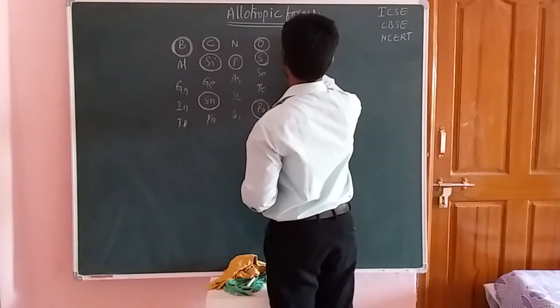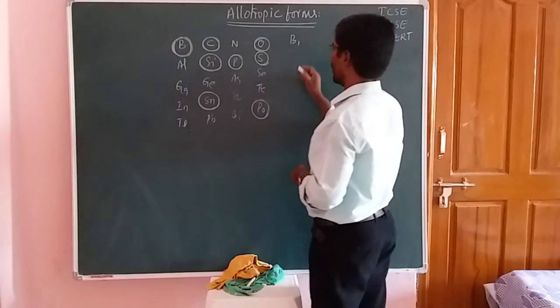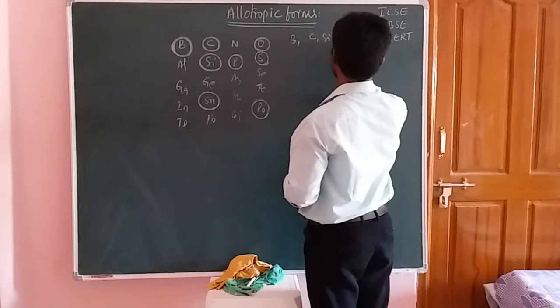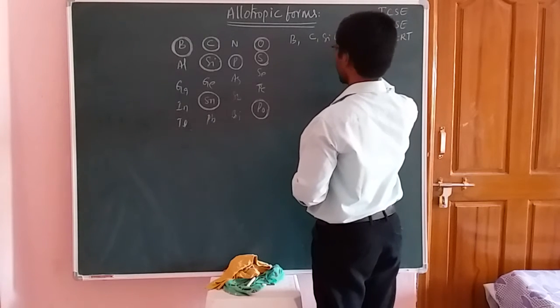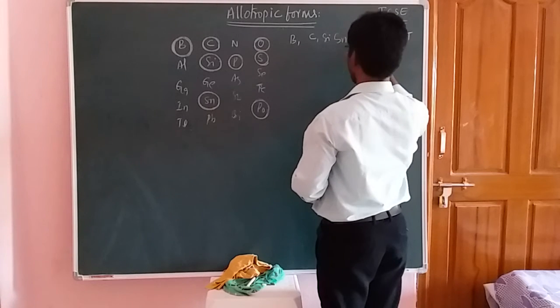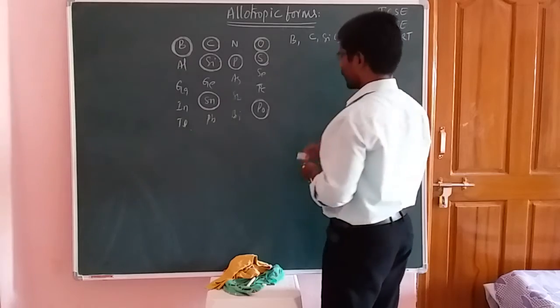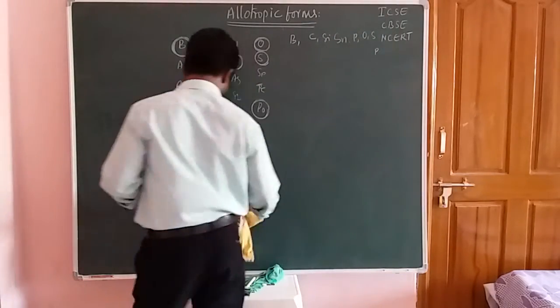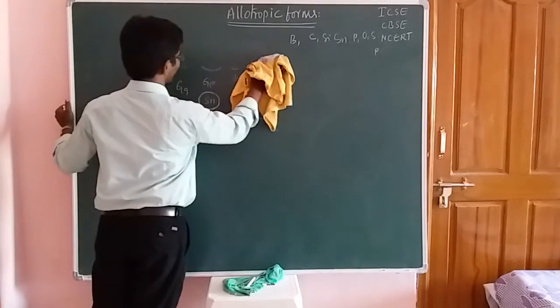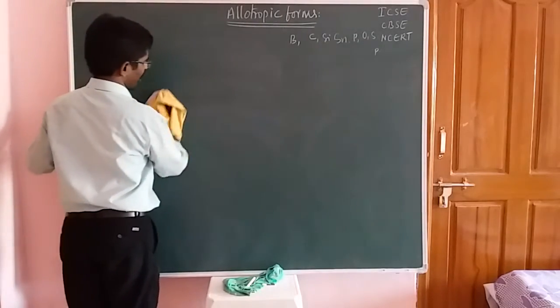So the third group boron, and next carbon, silicon, and tin. Okay students. And next phosphorus, oxygen, sulfur and polonium. These elements exhibit different physical properties or different allotropic forms.